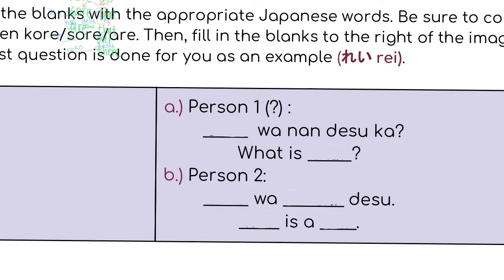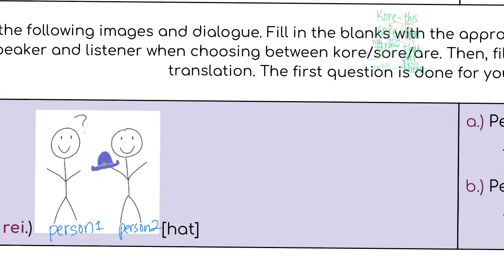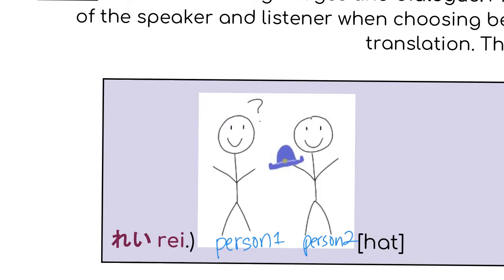It's generally going to be the same thing, perspective-wise. So, person 1 says, blank wa nan desu ka? Or what is blank? So, if this person is asking person 2, would he say, what is this? What is that? Or what is that over there?